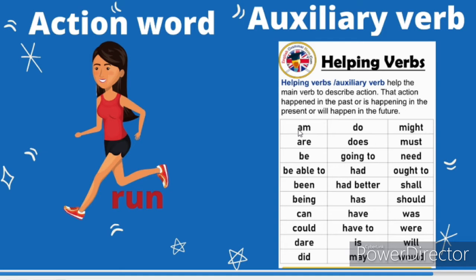For example: am, are, be able to, been, being, can, could, dare, did, do, does, going to, had better, has, have to, is, may, might, must, need, ought to, shall, should, was, were, will, and would.